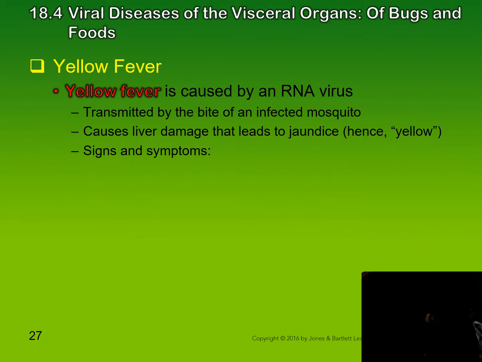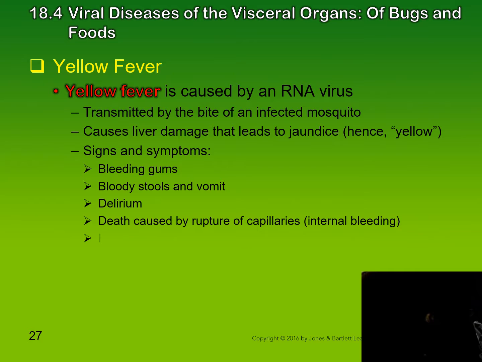Signs and symptoms of yellow fever: bleeding of the gums, bloody stools and vomit, delirium, death caused by eruption of the capillaries, so you have a lot of internal bleeding, and from yellow fever you have a very high mortality rate.